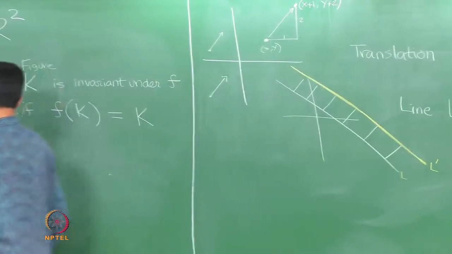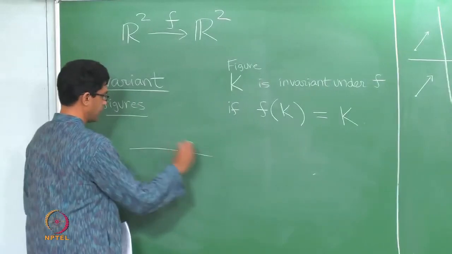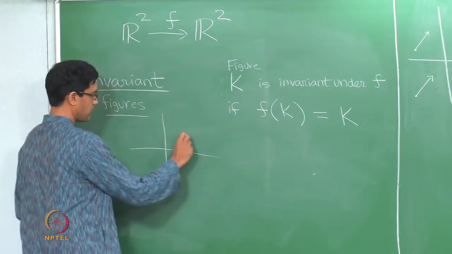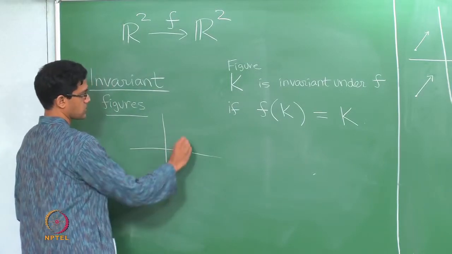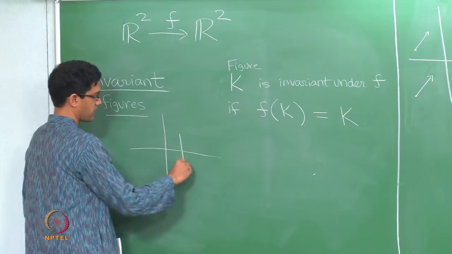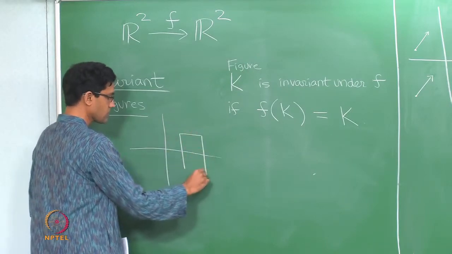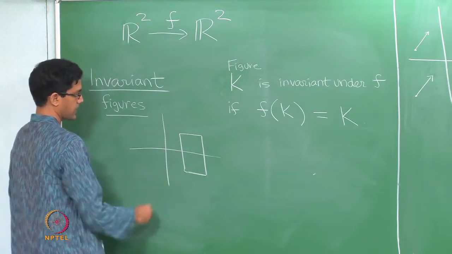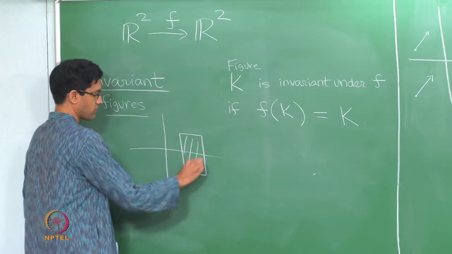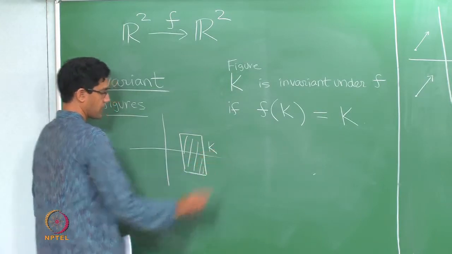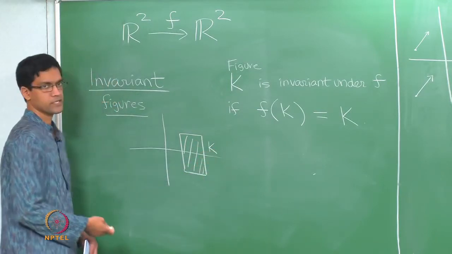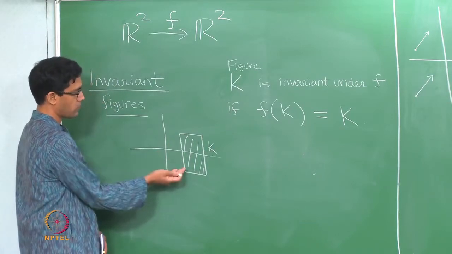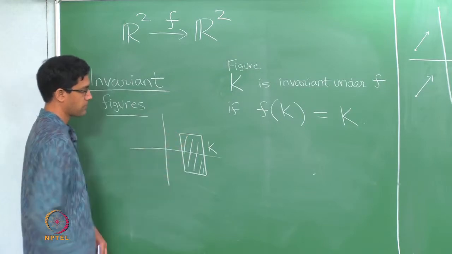So I will come back to translation. So if I take the reflection about the x axis, observe that any figure that is symmetrical about the x axis, so for instance, if I take say a rectangular figure like this which is symmetric about the x axis, say if I take this region to be k, then when I reflect it about the x axis, what I get back is the same region, because the top half will map to the bottom half and the bottom half maps back to the top half.